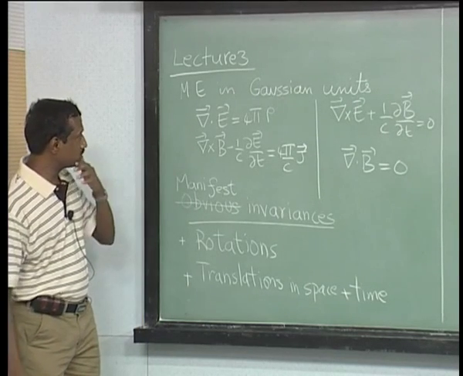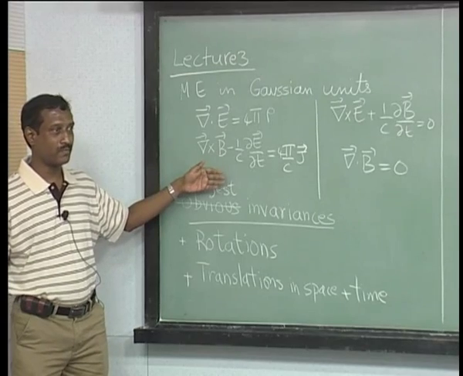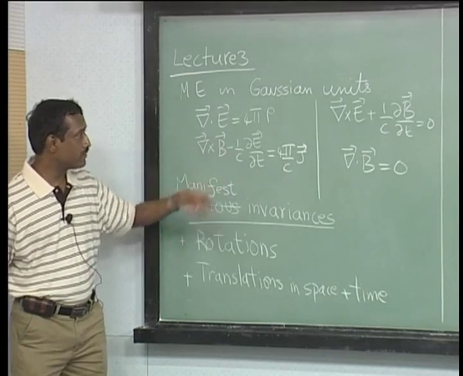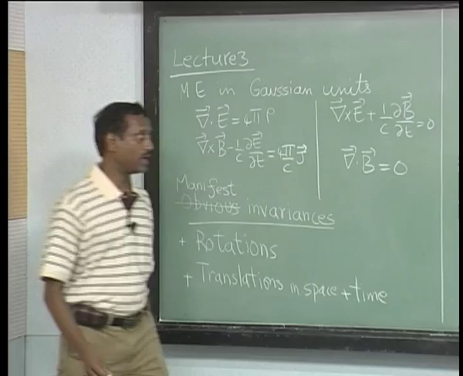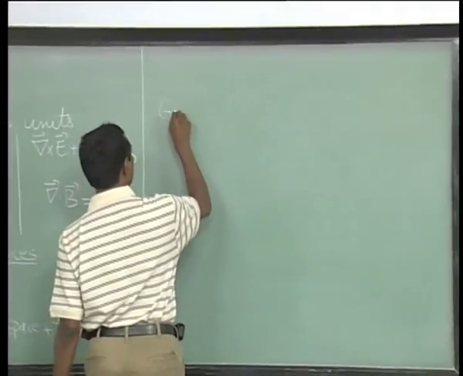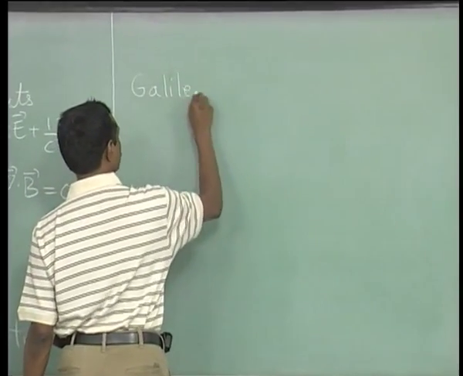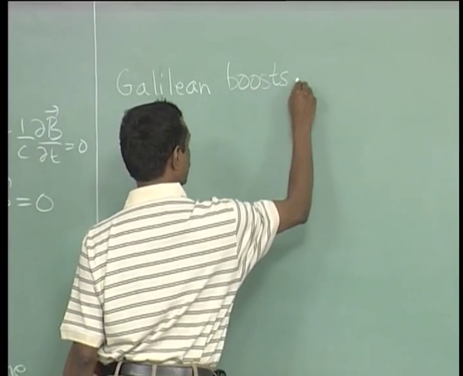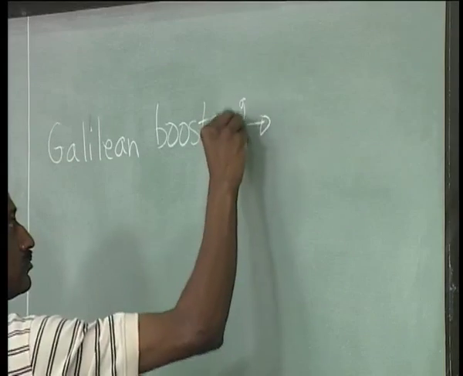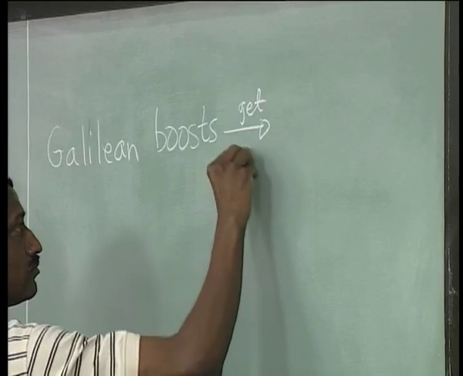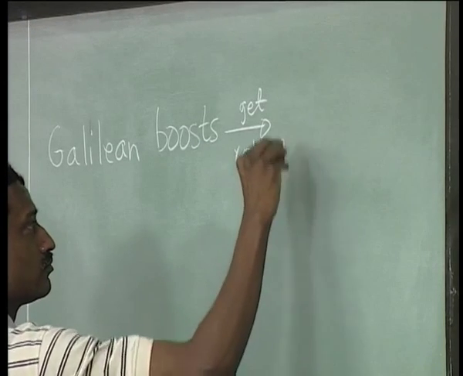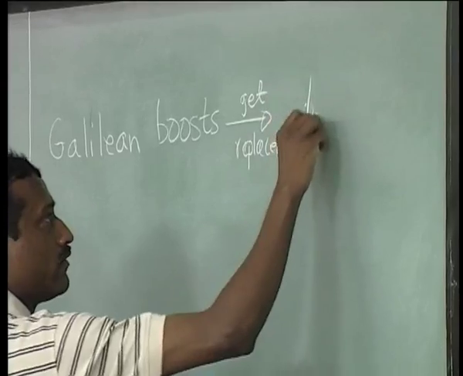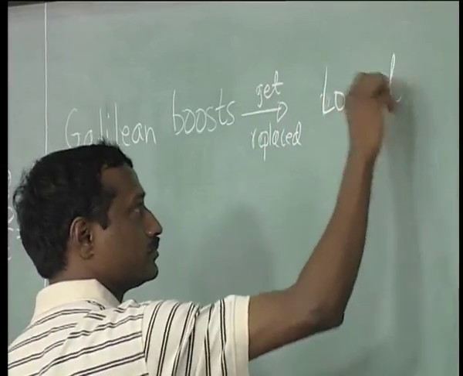What I will do is to rewrite these equations in a manner where it will be invariant under something different, and we will see that Galilean boosts get replaced by what we will call Lorenz boosts.